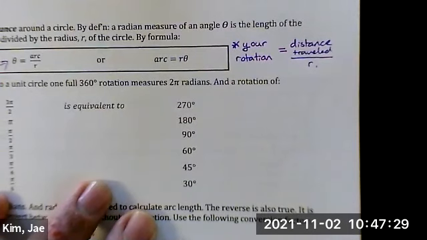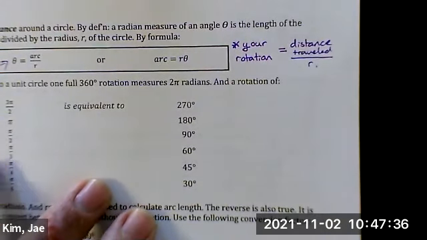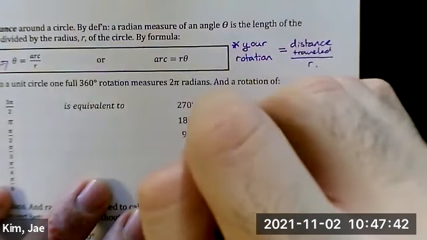As an example, let's talk about a rotation of 360 degrees. If I traveled a full 360 degrees, what is the distance that I traveled then?